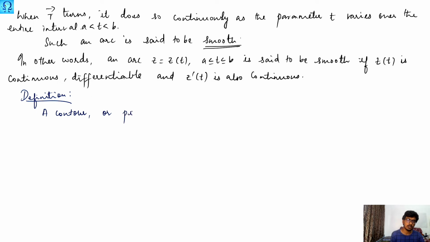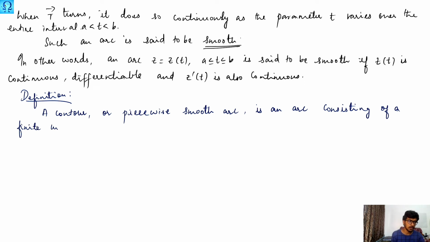This contour is also called a piecewise smooth arc, which is an arc consisting of a finite number of smooth arcs joined end to end.